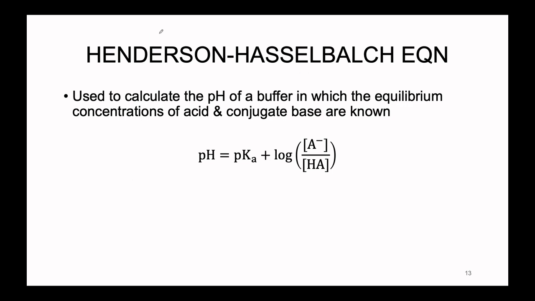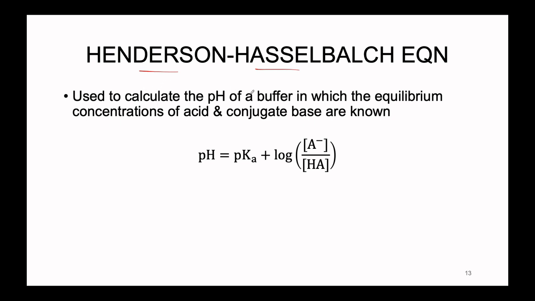All right, since buffered solutions are so resilient, because they are so resistant to pH change, two scientists by the name of Henderson and Hasselbalch decided to see if there was a way to more easily calculate the pHs of these solutions. The Henderson-Hasselbalch equation is what they came up with.